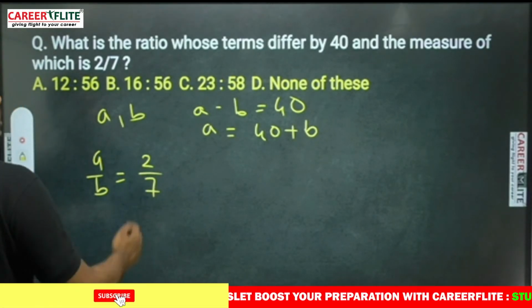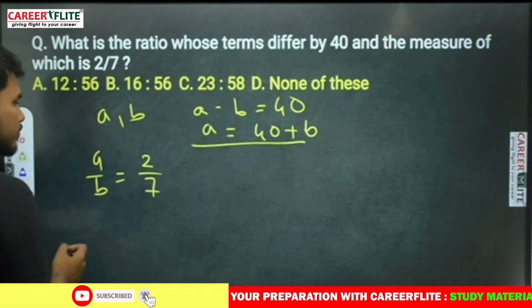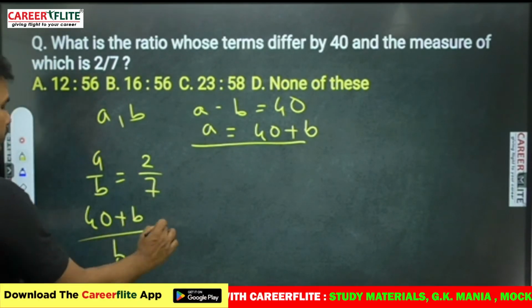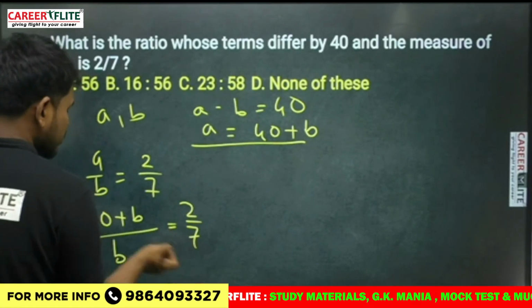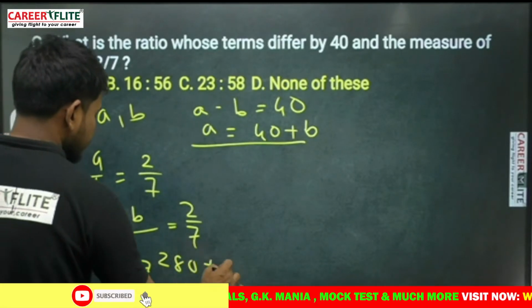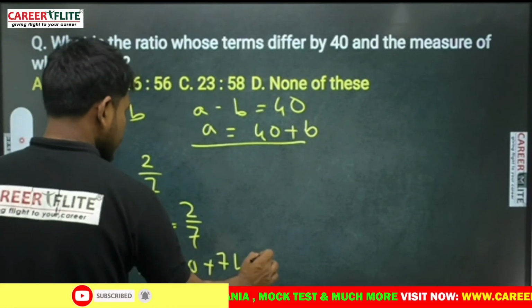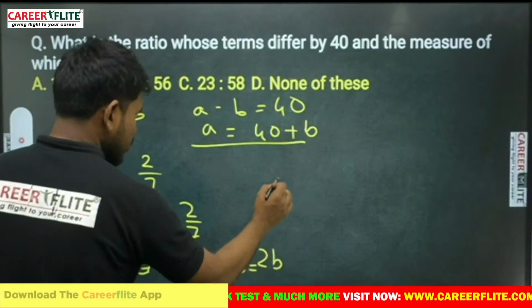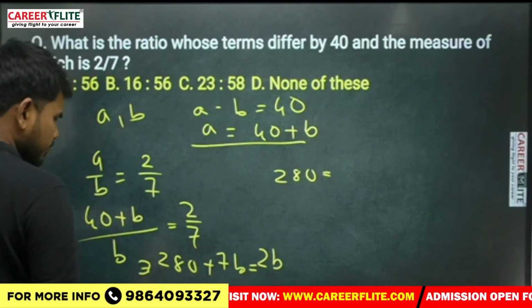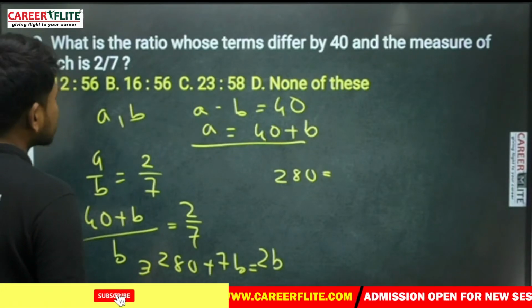So let's put this value of A here. We can find B then. A is how much? 40 plus B by B, 2 by 7. This will be how much? 7 into 4, 280. This is 7B. This is 2B. So 280 will be equal to, if this goes on the other side, we got this to be in minus.